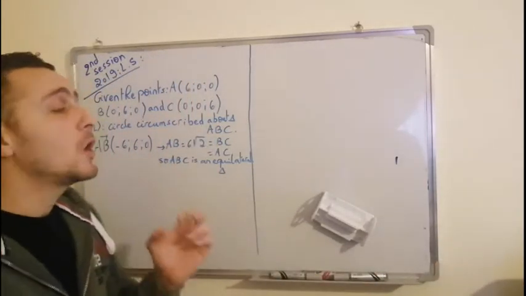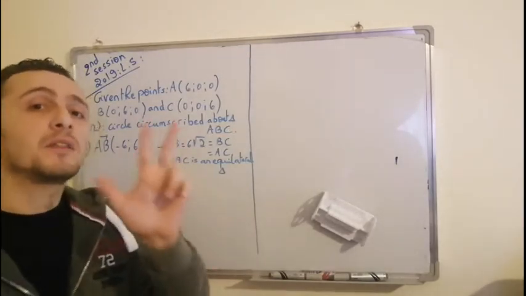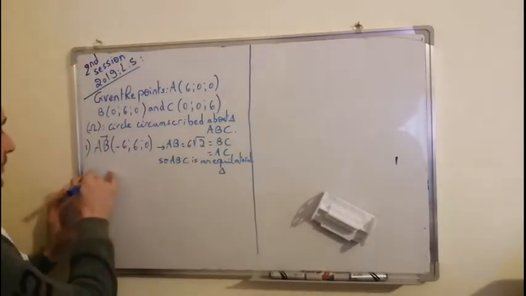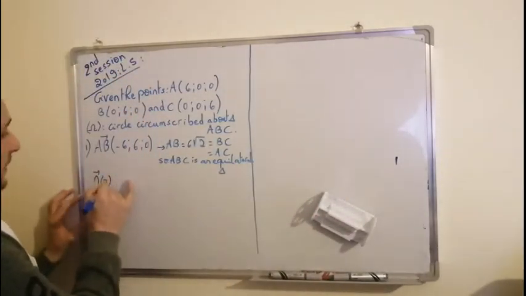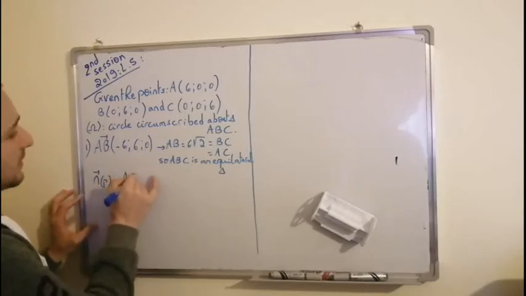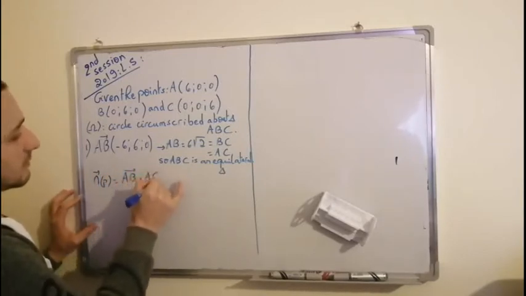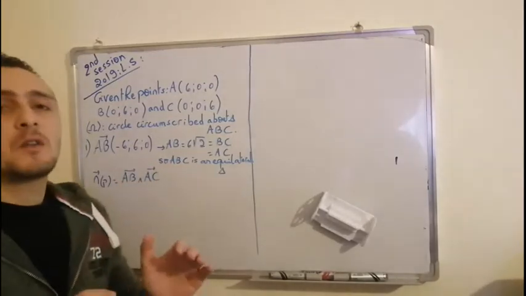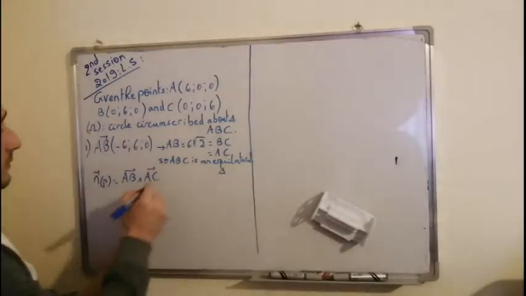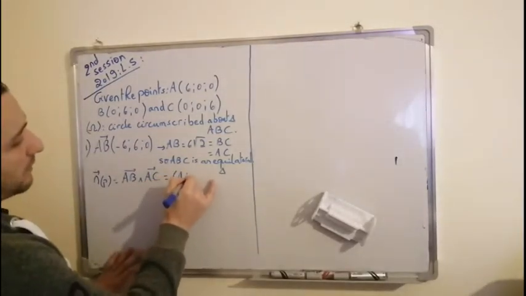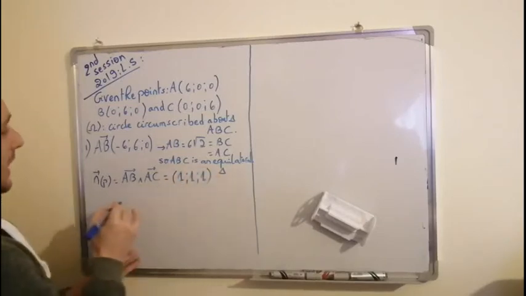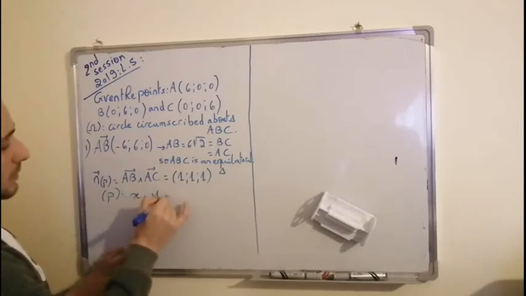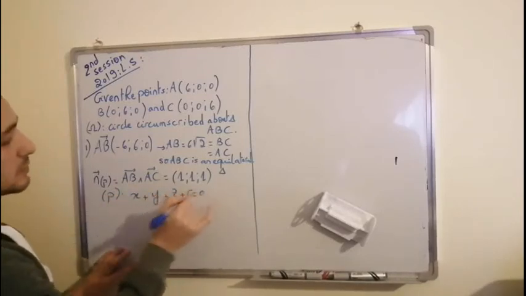The plane P is determined by the 3 points A, B, and C. So the normal vector of this plane is AB vector product AC, or AC vector product AB, or BC vector product AC. Okay? It's equal to (1, 1, 1).